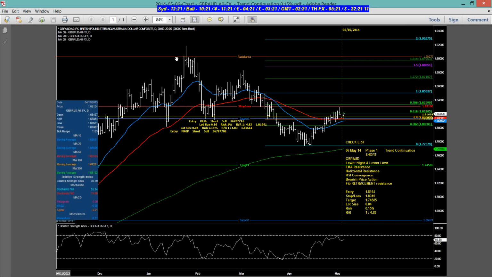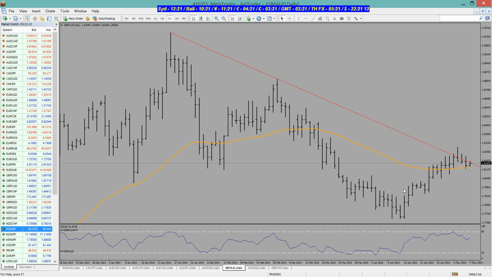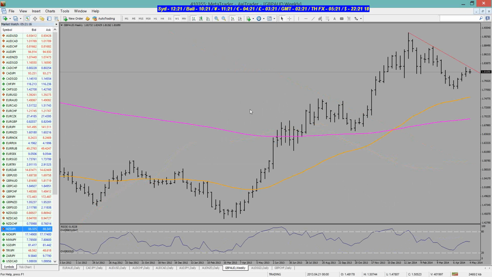You didn't pick up that trend line? Trend line resistance. And horizontal support or horizontal resistance, sorry, coming around there.